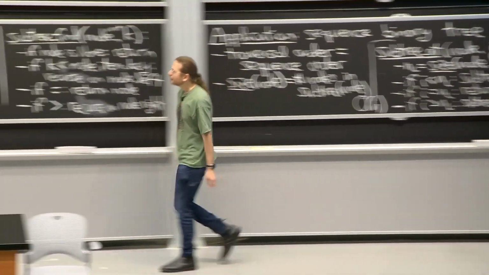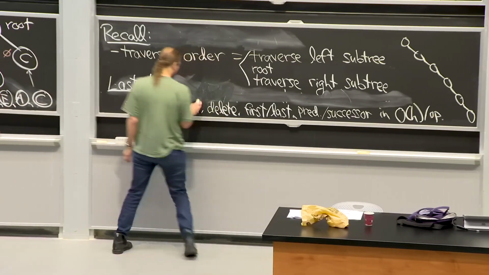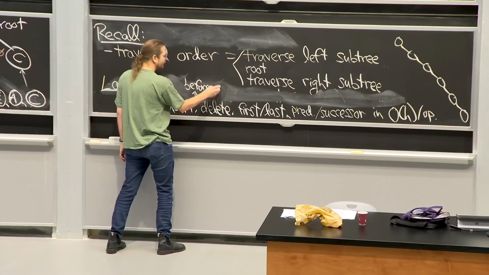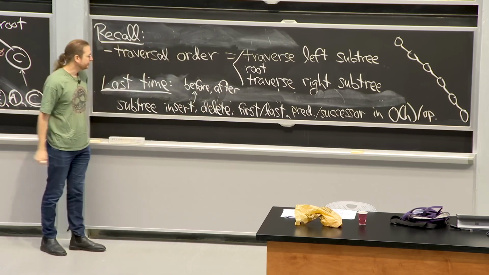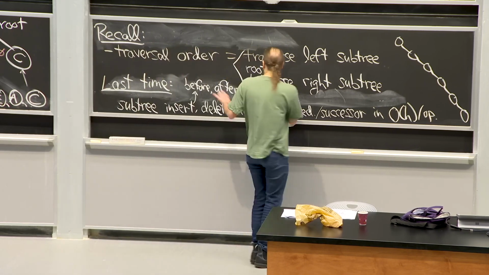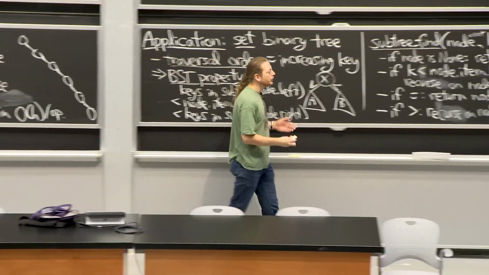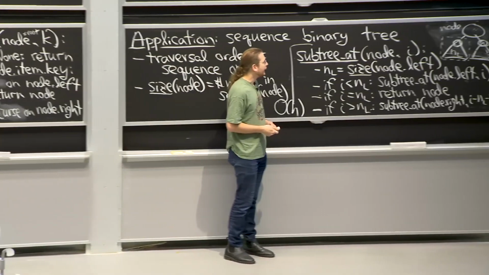And conveniently, we already have, I didn't mention, but we have a subtree_insert. We had two versions, before and after. I think we covered after, which is successor, before uses predecessor. But we can just call subtree_insert_before at that node, and boom, we will have added a new item just before it.